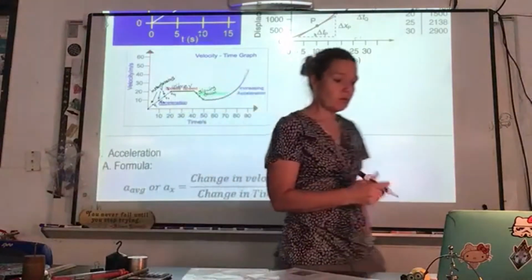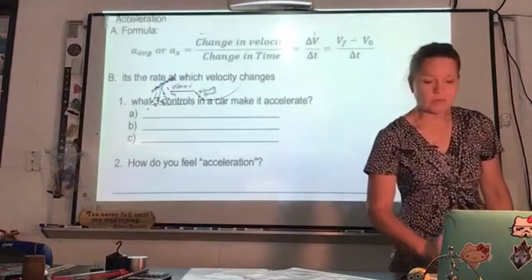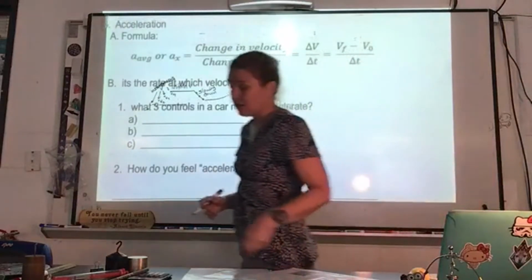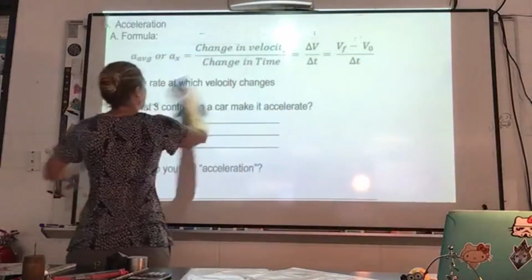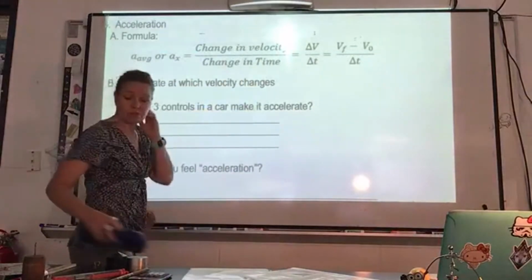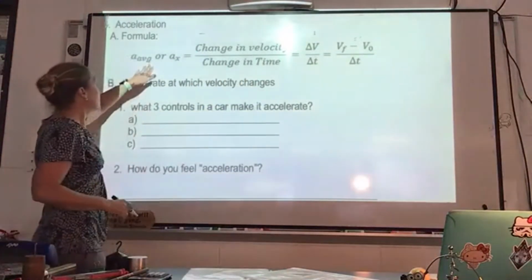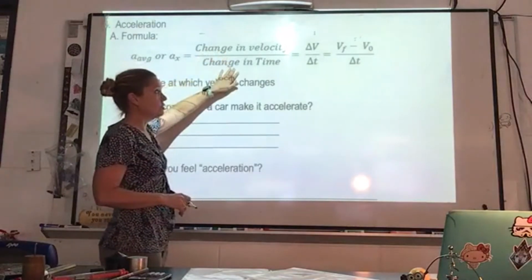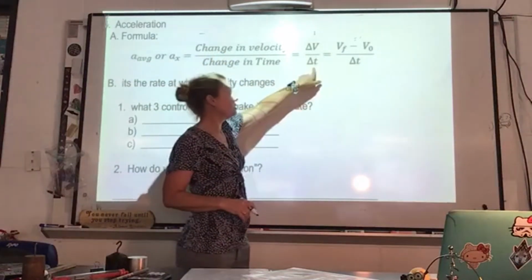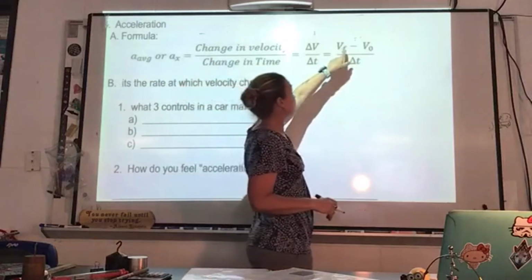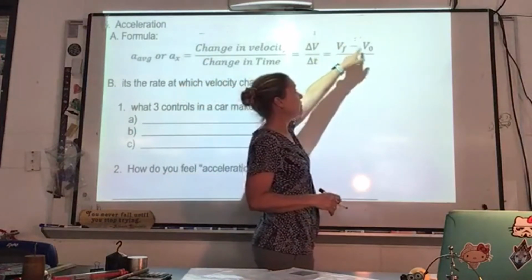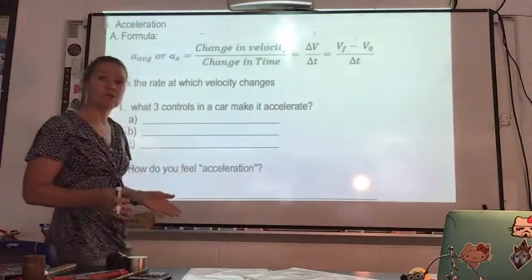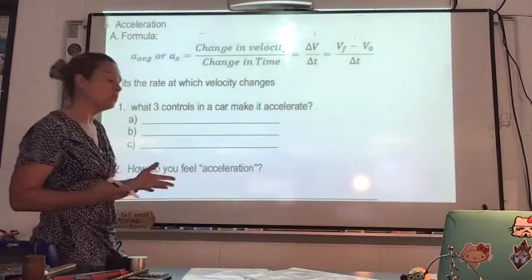Now, I've just mentioned that word acceleration a few times. We better define it. Acceleration, and we're going to start again with average, just like we did with velocity. Our average is the change in velocity over change in time. So delta v over delta t. Our change in velocity is v final minus v initial, over t. So this is set up just like how we set up our formula for velocity with delta x.